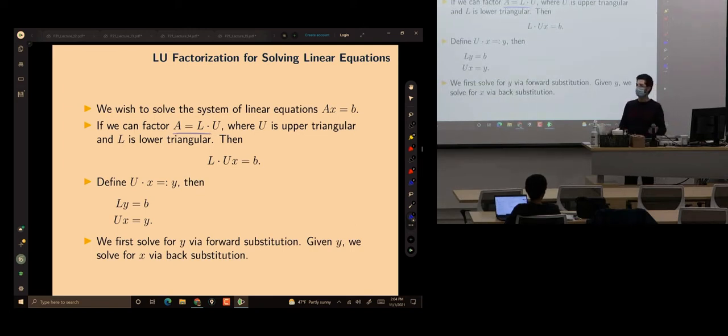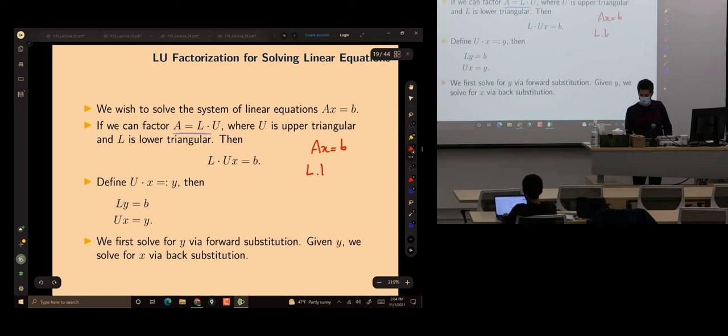Now, what is the systematic way to solve the system of equations without writing line by line and talking about each coefficient? So we start from Ax equals b. We know A is LU. Then we said, this sounds like a two-step process.